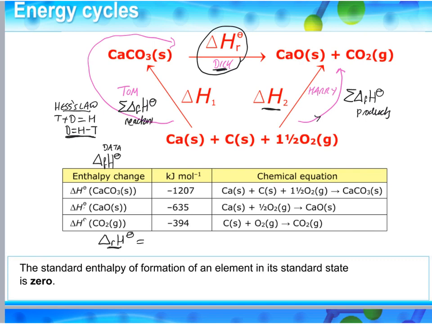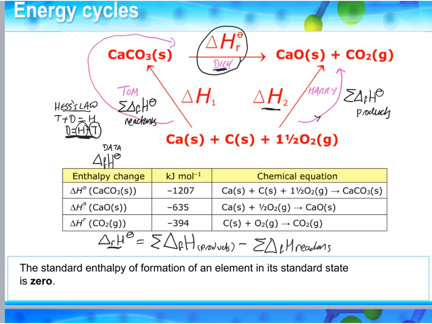So we can now substitute this into this equation here. Harry is the sum of the enthalpy of formation of the products. And Tom is the sum of the enthalpy of formation of the reactants.